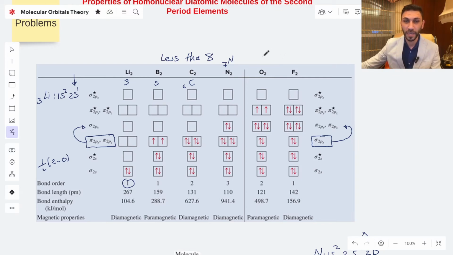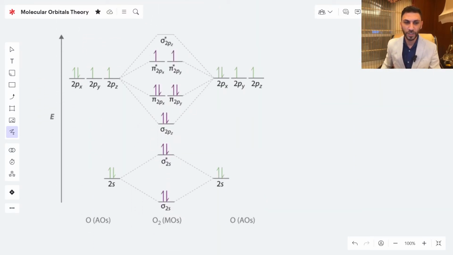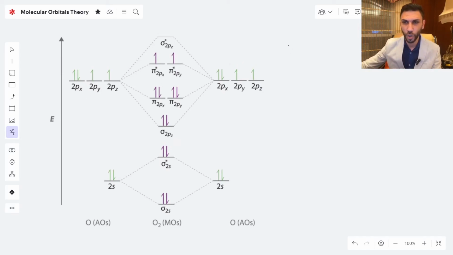But when the atomic number equals 8 and greater, we're going to write after sigma star 2s, sigma 2px right away. And after that, in terms of energy, the pi 2py and pi 2pz, as you can see here. So basically, this is for the oxygen, O2.